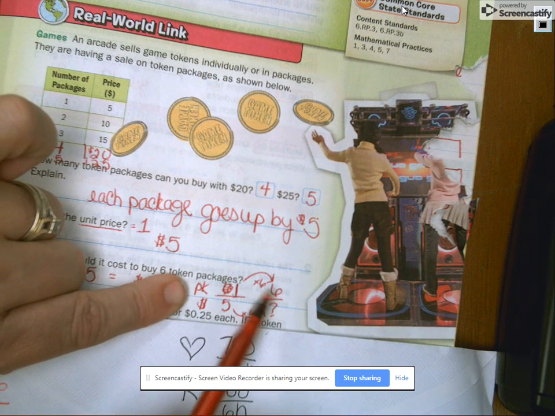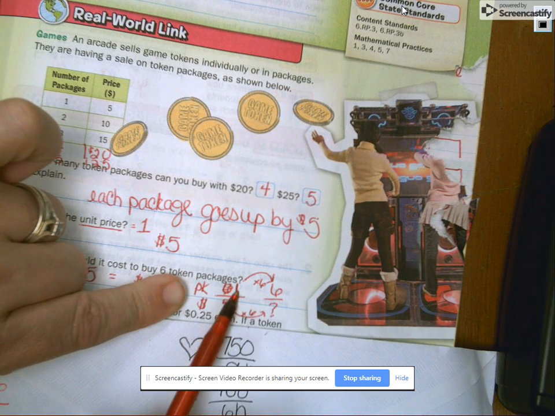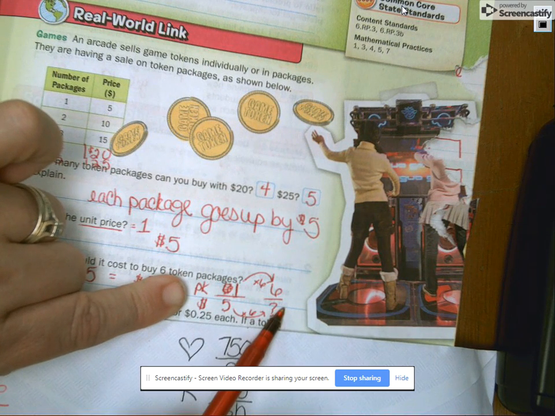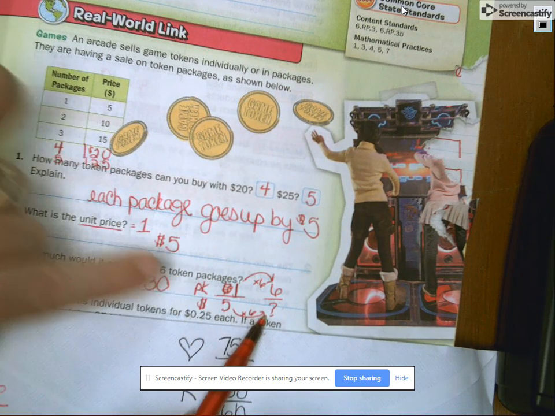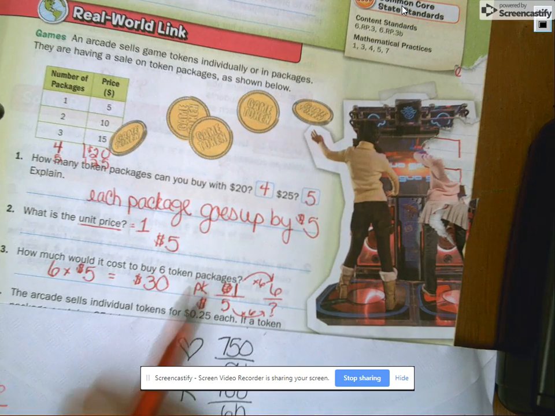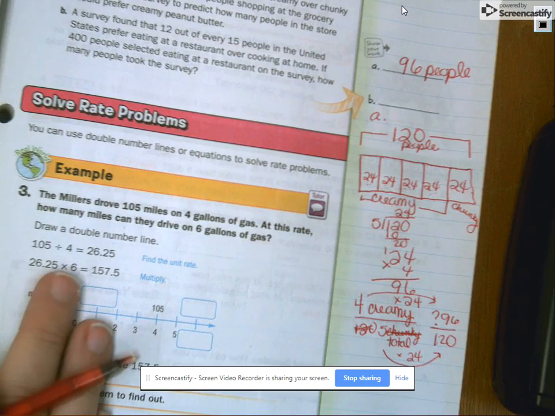So what times 1 is 6? Obviously 6 times 1 is 6. So remember, what you do to the top, you have to do to the bottom. So 5 times 6 is 30. So it would be $30. All right, go ahead and turn the page, please.